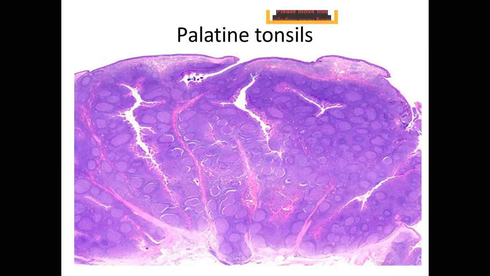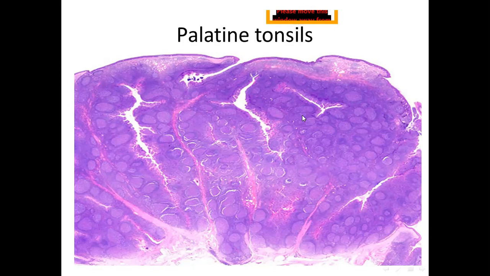The crypts frequently contain food debris, desquamated epithelial cells, dead leukocytes, bacteria, and other antigenic substances. The parenchyma of the palatine tonsils contains, as we see, numerous lymphoid follicles.